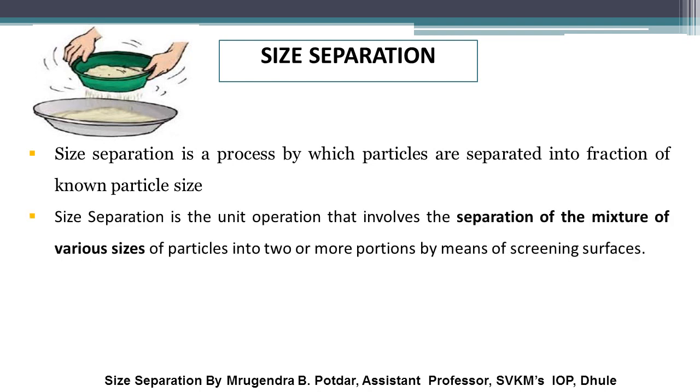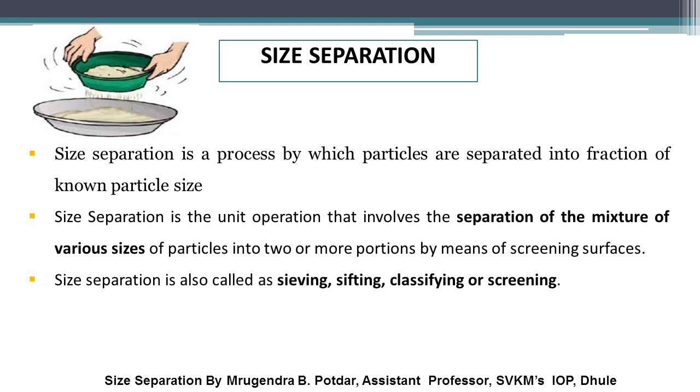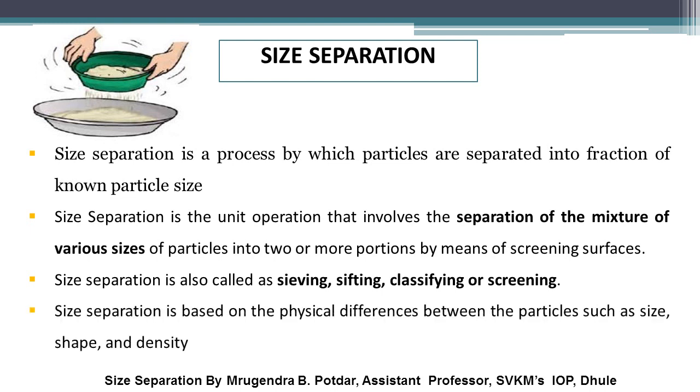Size separation is a unit operation that involves the separation of a mixture of various sizes of particles into two or more portions by means of a screening surface. Size separation is also called sieving, sifting, classifying or screening.